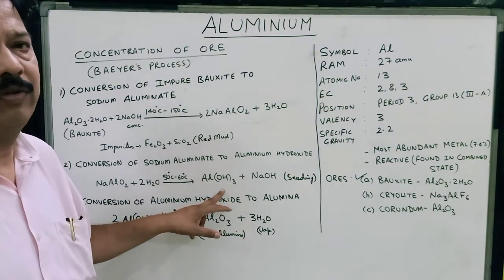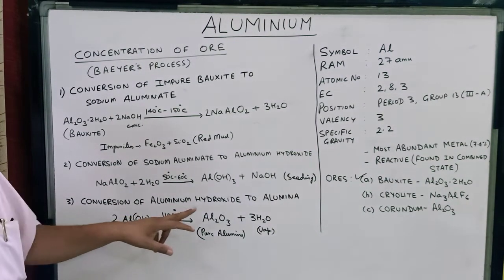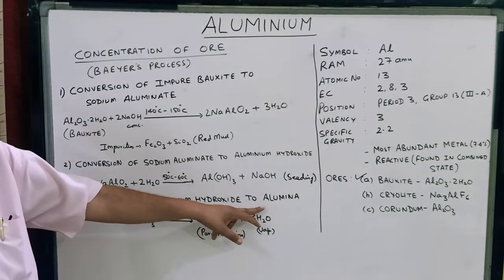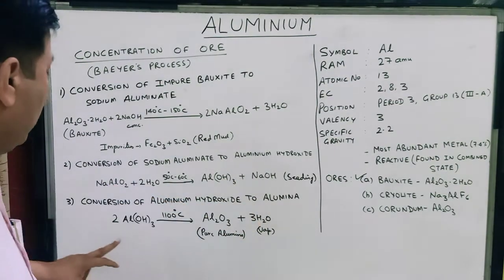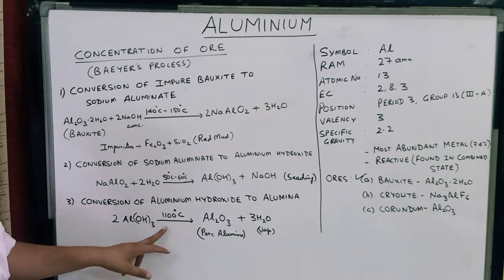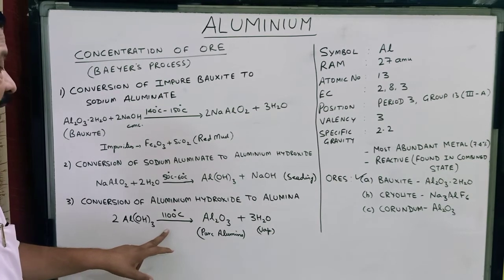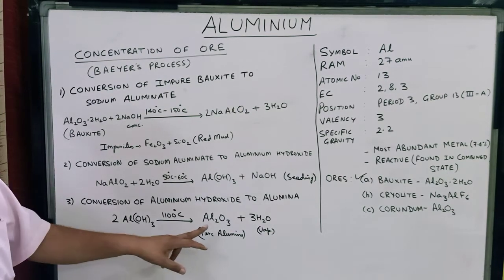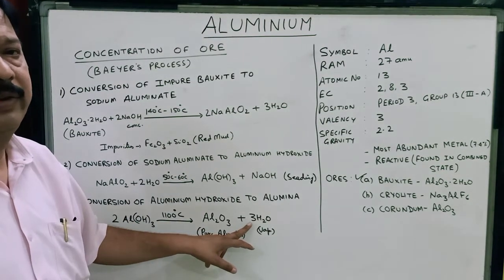Aluminium hydroxide is obtained. And children, the next step is conversion of aluminium hydroxide to alumina. This is the oxide of aluminium from where we are going to extract aluminium. This aluminium hydroxide we heat to a temperature of 1000 to 1100 degrees centigrade to get pure alumina, and vapors of water get separated.